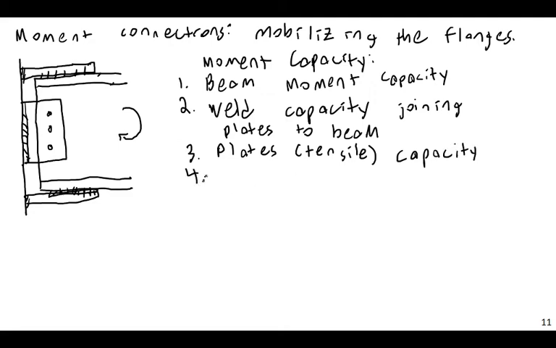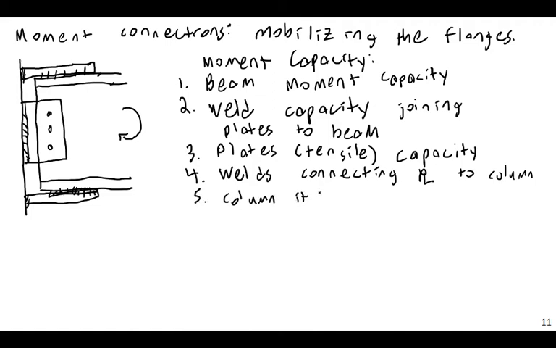And four, the welds connecting the plate to the column, and five, the column itself. And this is what a welded connection would look like, a welded moment connection.